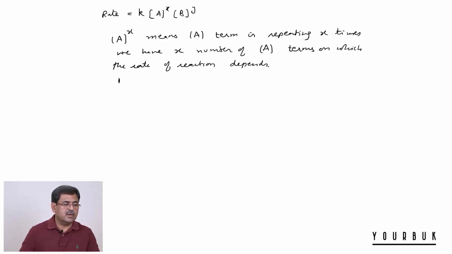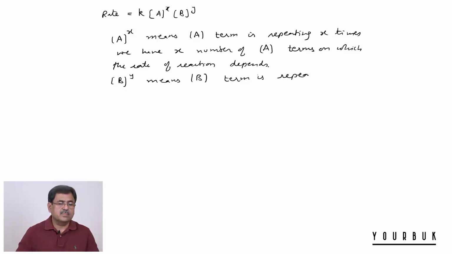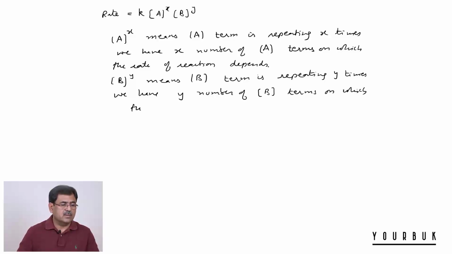Similarly, when we write B raised to power y, it means the B term is repeating y times. It means we have y number of B terms on which the rate of reaction depends.